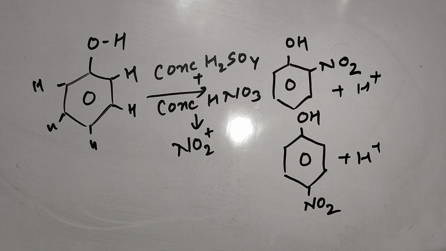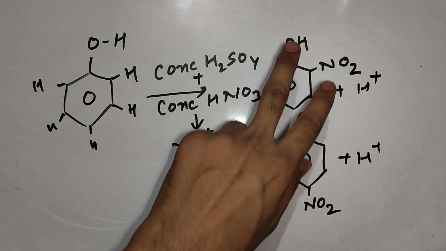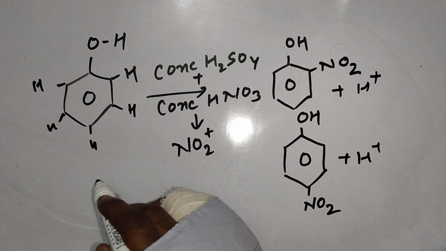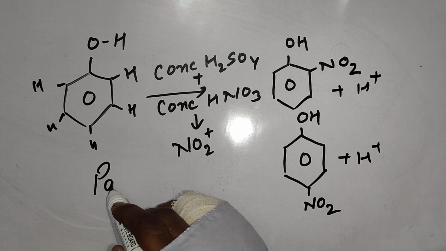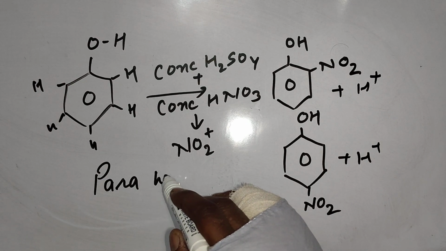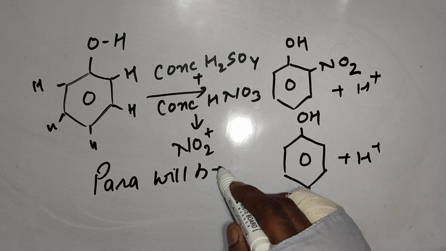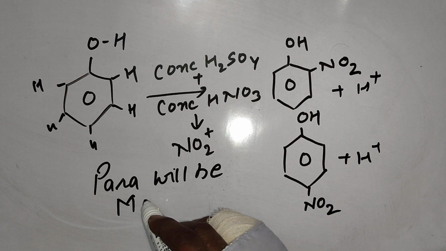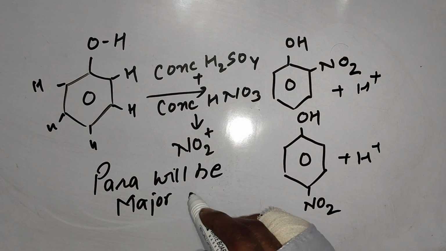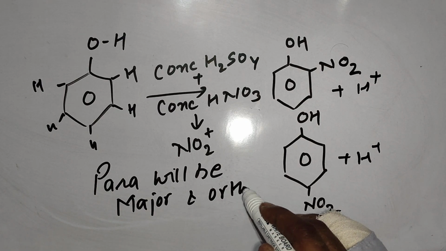Now, the last point in this video, between ortho and para, para will be the major product. And ortho will be the minor product.